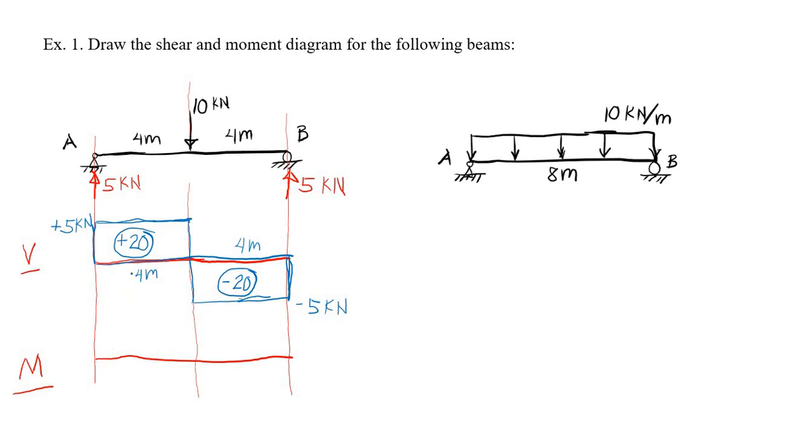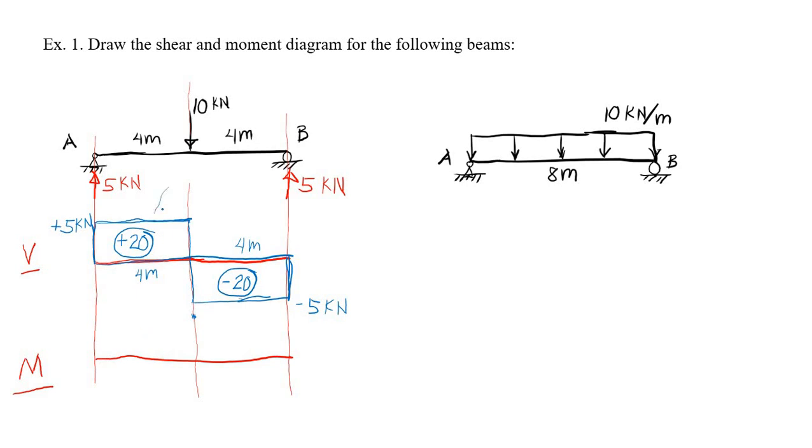Next thing we would like to do is to draw our moment diagram. Take note, guys, that the change in moment is simply equal to the area of the shear diagram between the different points. So, from this point here, we have 0 moment and plus 20, since the area of the shear diagram is 20.